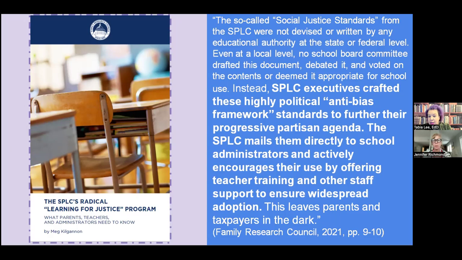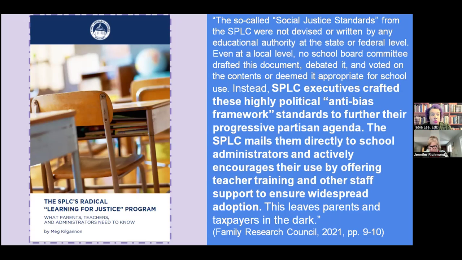Instead, Southern Poverty Law Center executives crafted these highly political, quote, anti-bias framework standards to further their progressive partisan agenda. The SPLC mails these standards directly to school administrators and actively encourages their use by offering teacher training and other staff support to ensure widespread adoption. This leaves parents and taxpayers in the dark.